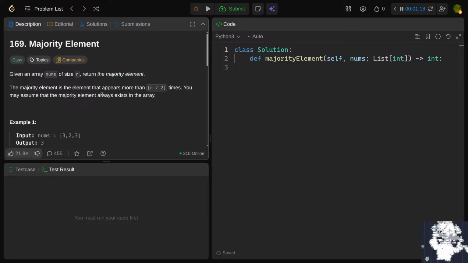So we're going to want to do something where we only remember one number at a time, and we keep replacing which one it is, and we do it in such a way that at the end of it, if there was a majority element, we'll end up having it. It will have replaced whatever else we were holding.